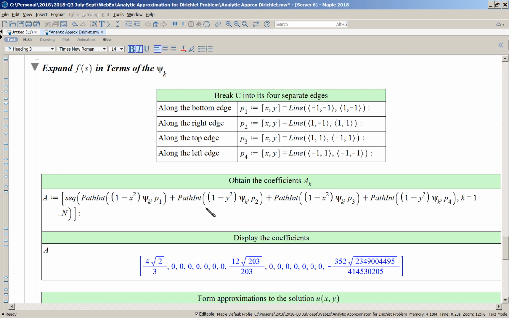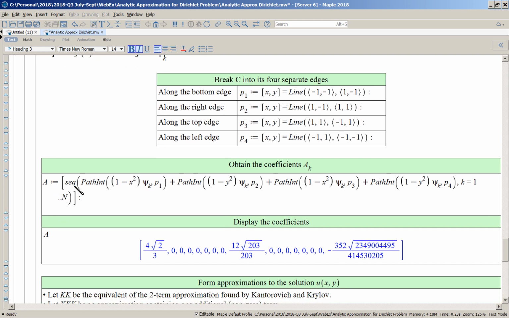There's a 1 minus x squared, then there's a 1 minus y squared, then there's a 1 minus x squared, then there's a 1 minus y squared. That's why I can't use the c that I had defined earlier, because the companion function here that I'm integrating against changes. So this gives me a sequence of numbers. That sequence is the name A. So put square brackets, makes it a list.